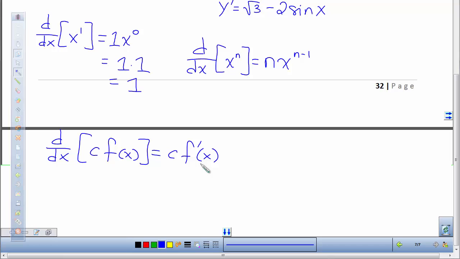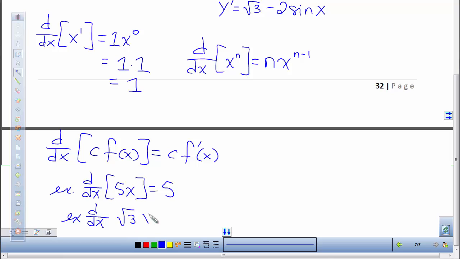For example, the derivative of 5x, well, I just move the 5 over to the side and find the derivative of x. 5 times 1 is just what? 5. And so for us, we were looking at the derivative of the square root of 3 times x. Well, square root of 3 is a constant multiple.